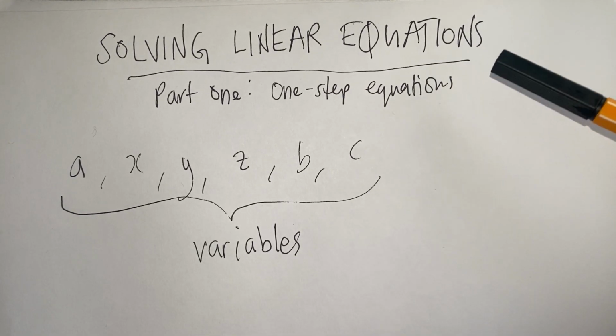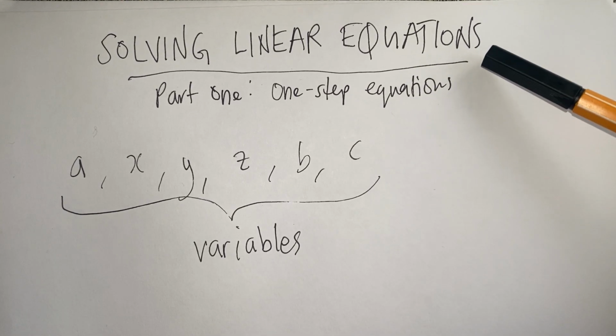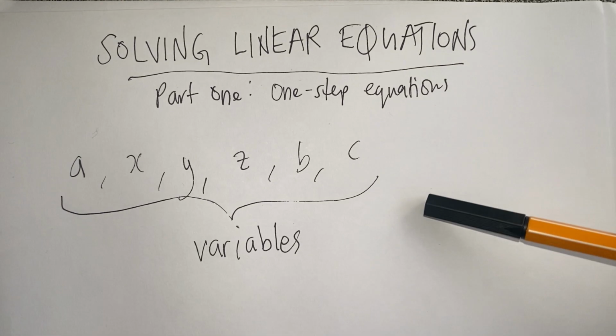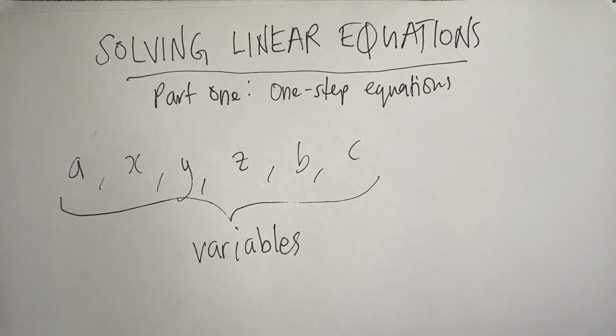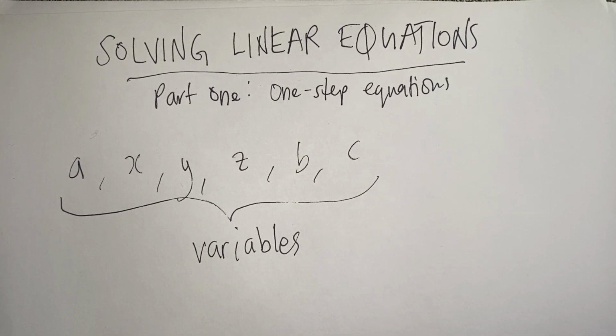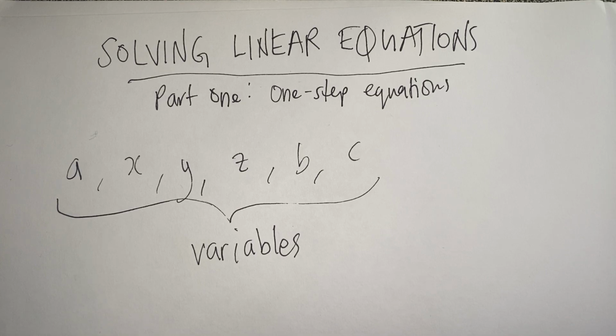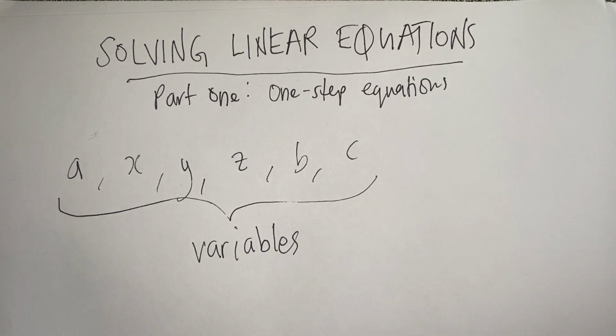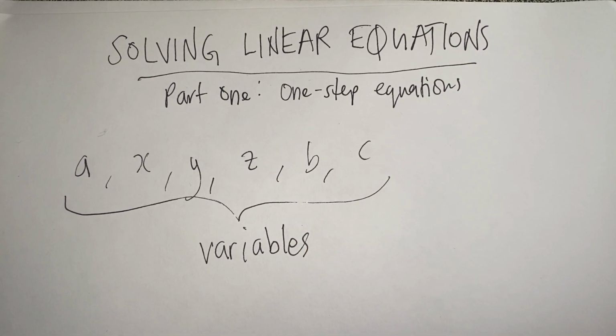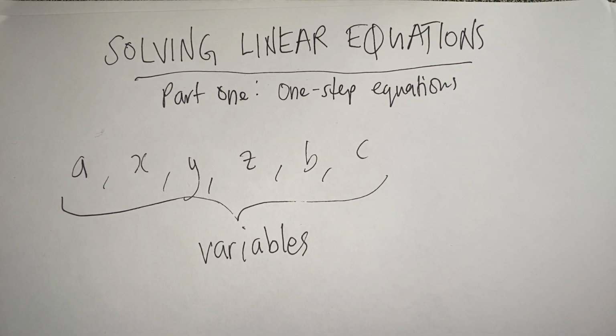Today's video is on solving linear equations. This is part 1, which will be on one-step equations, so it's your simpler ones. When a question asks you to solve an equation, what you are doing is finding the value of your variables.